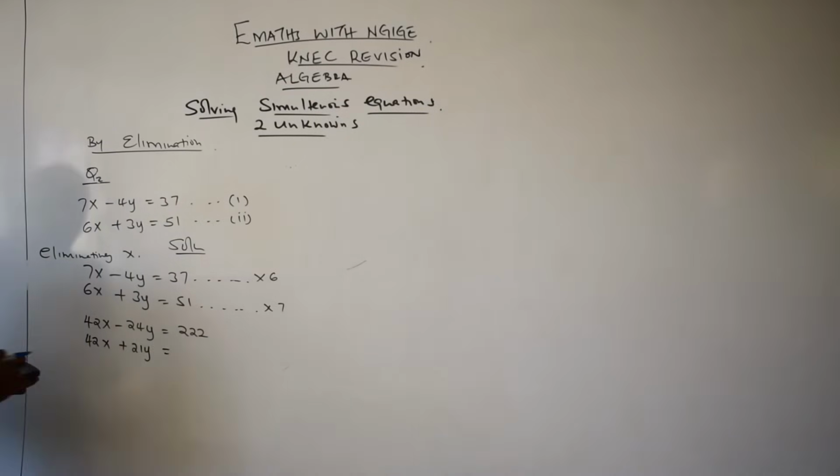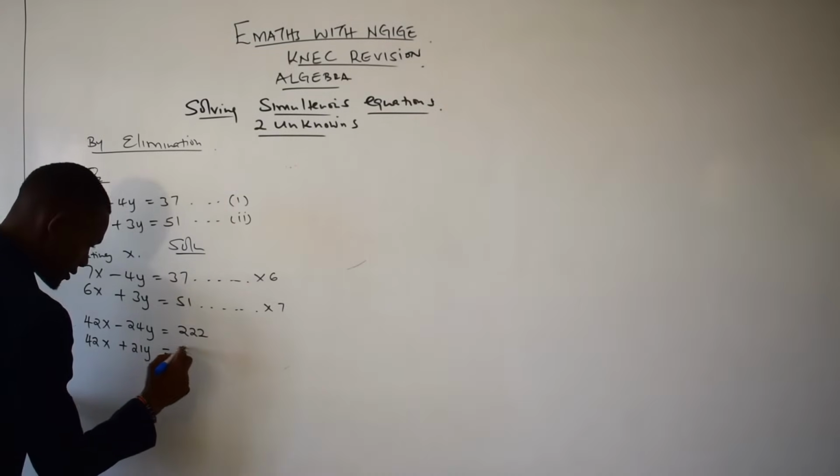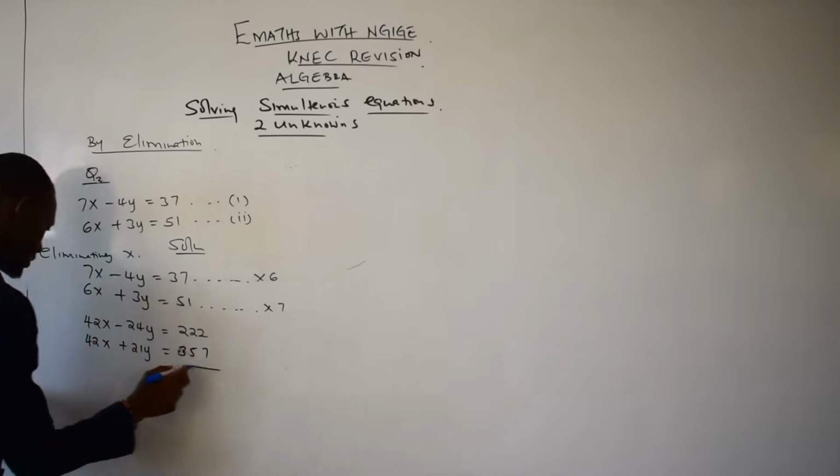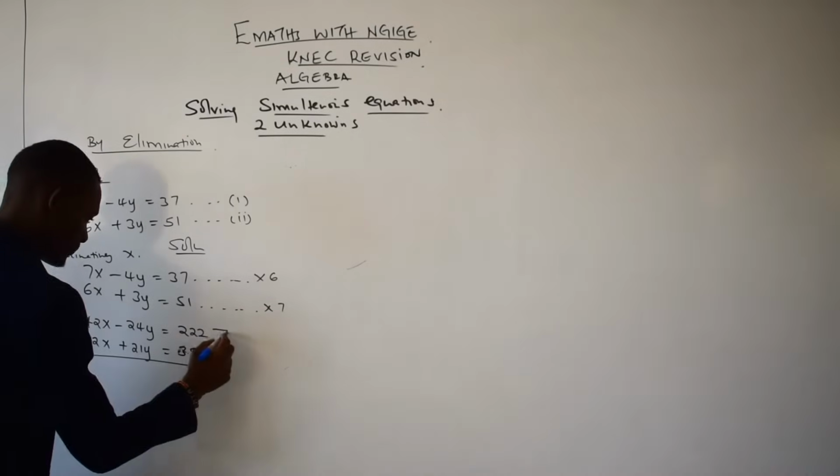Then equals 51 times 7, which gives us 357. So you can see now we have the terms in x being the same, 42 and 42. Now you can eliminate.